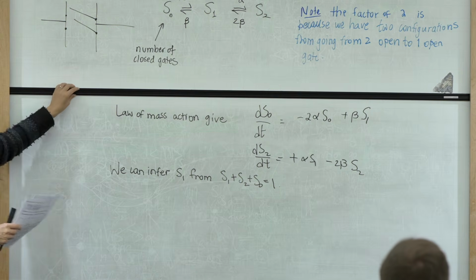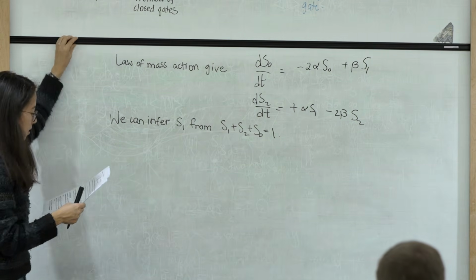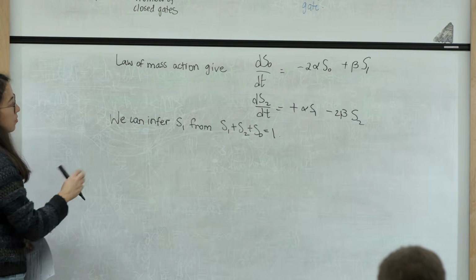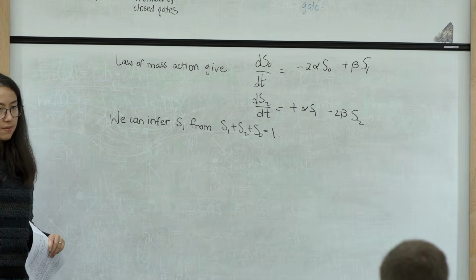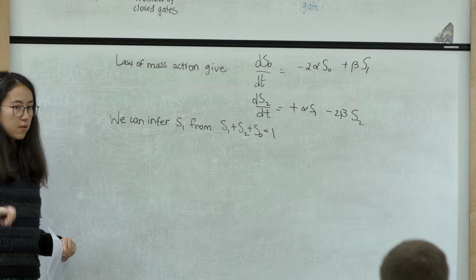OK, so I have another 5 minutes. I will now use this, and I will write it back with the n that we had previously, which was denoting the fraction of open gates.